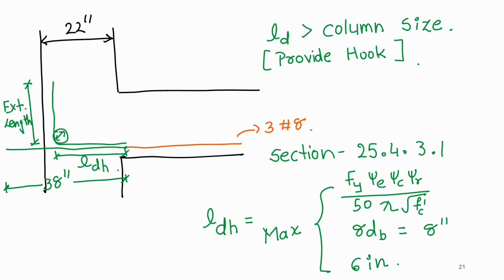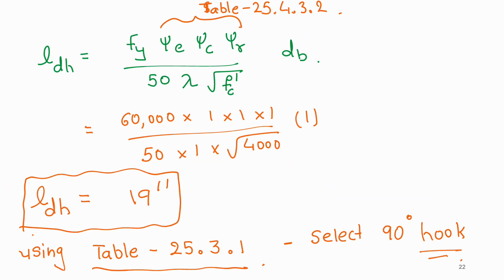We have 6 inch that is given to us according to ACI code, and we are using equation Fy times Ce times Cc and times Cr. So in this case, we are using table again 25.4.3.2, and all of these terms are equal to 1, so our ldh is 19 inch.